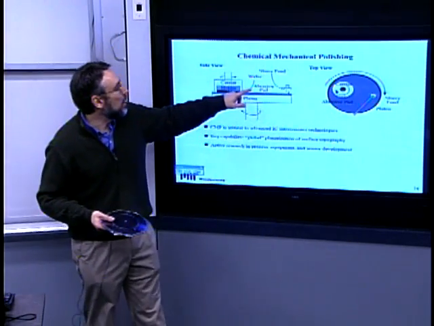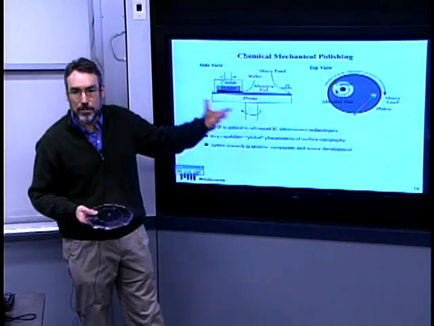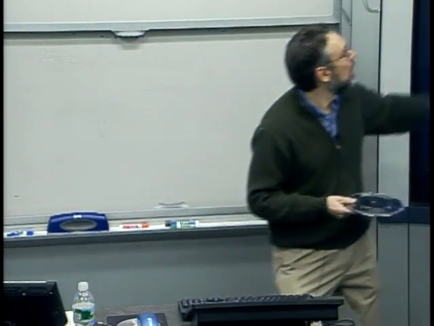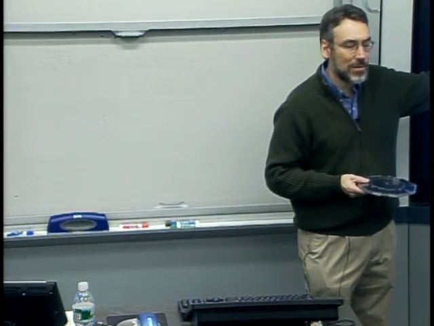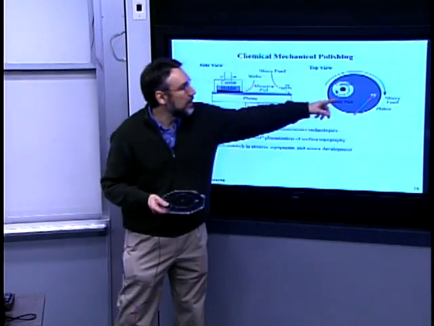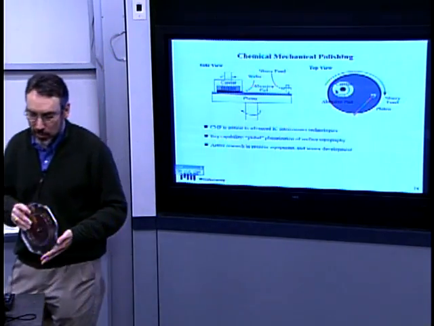You also drip a wet abrasive slurry, so it's a very, very fine particle grit in a chemically active slurry. And then you rotate both the wafer and the pad or the table. And the basic goal of this is to flatten the surface of the wafer.